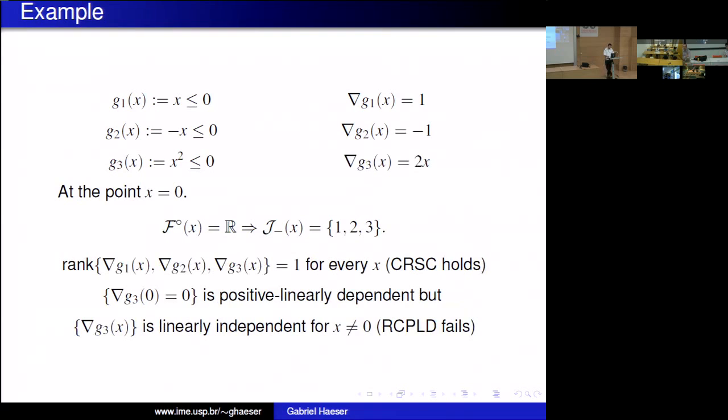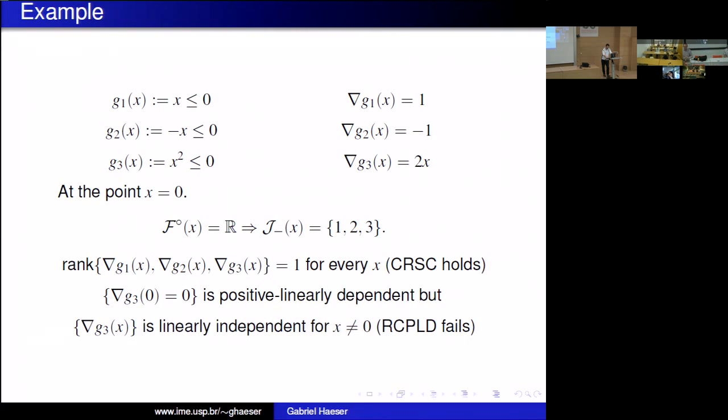And in this example, look at all these constraints. What's the feasible set here? It's only the origin. Only x equals 0 is a feasible point. So all these inequality constraints that belong to the set J minus, if I look in a neighborhood of the feasible set, are in fact equalities. There is no feasible point that satisfies these constraints strictly.